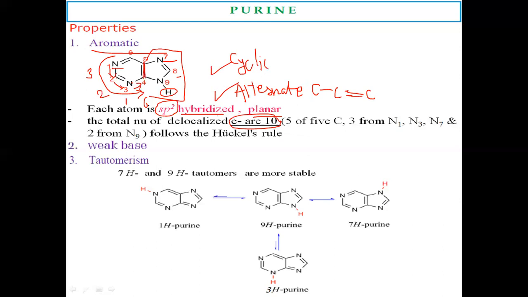And the third, most important, is Hückel's rule. It obeys Hückel's rule, that is 4n plus 2 electrons. Here n is an integer, put n equal to 2. That is 4 into 2 plus 2 equals 10.